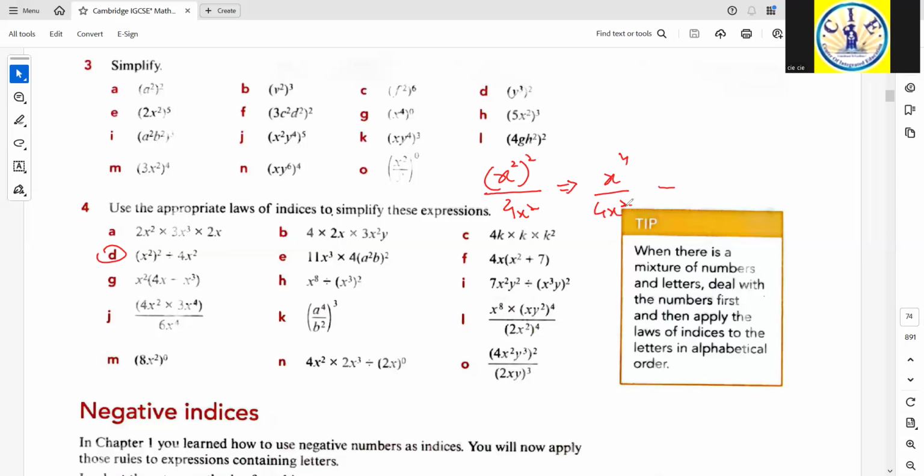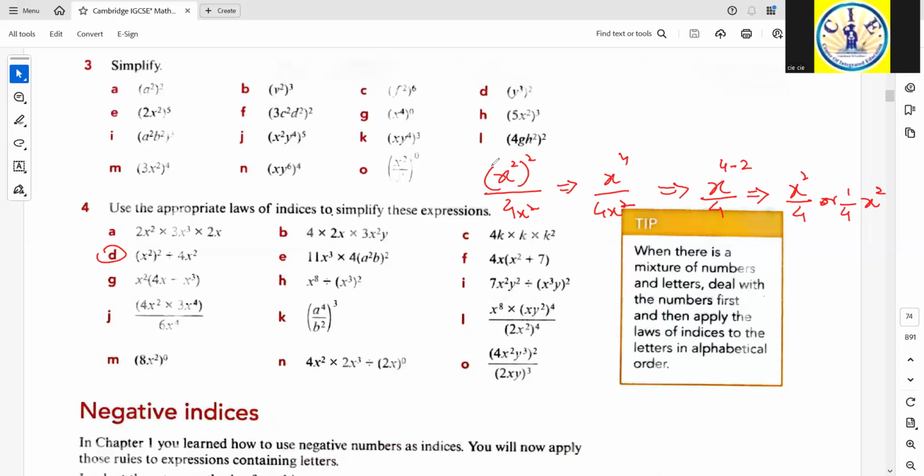Now applying the second rule of indices for the division of the numbers, x raised to the power 4 minus 2 divided by 4, which will give us x squared divided by 4, which can also be written as 1/4 of x squared. So the answer is correct in both the ways.